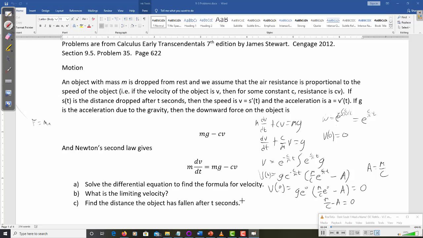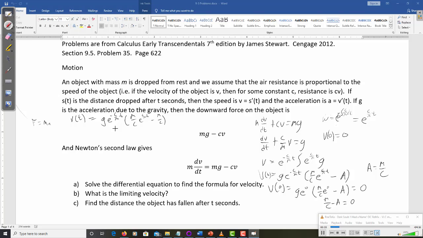So our velocity function is g e to the negative c over m t times (m over c e to the (c over m) t minus m over c).